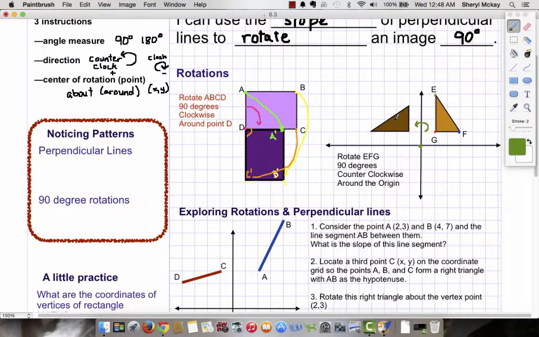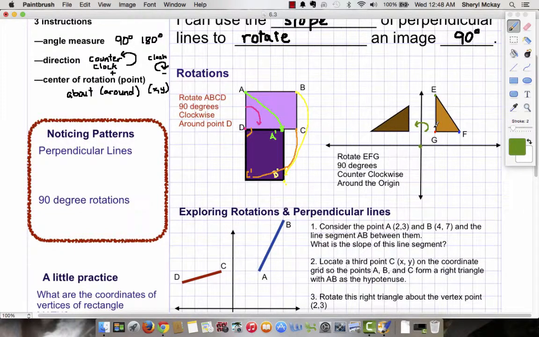Another way that you could think about it is you could actually pick up your paper and turn it 90 degrees, and then you would see that this triangle ends up over on this side.